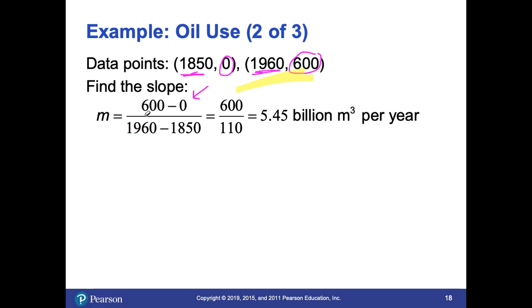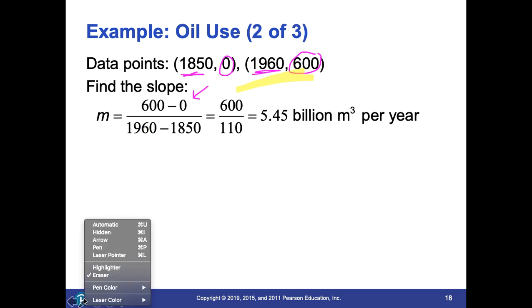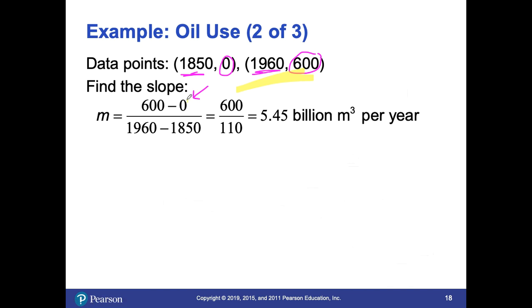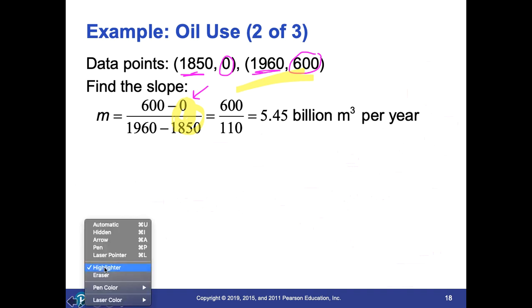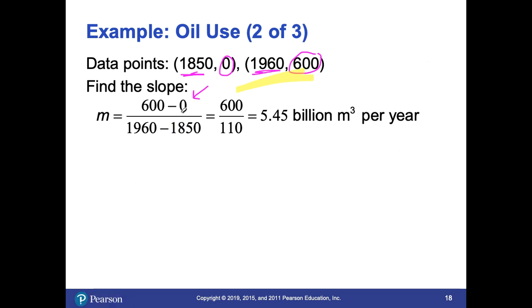And in similar fashion, notice how the 0 and the 1850 are right on top of each other. That's no coincidence. So please make sure that you are staying consistent. And we end up, in this case, getting 600 divided by 110.